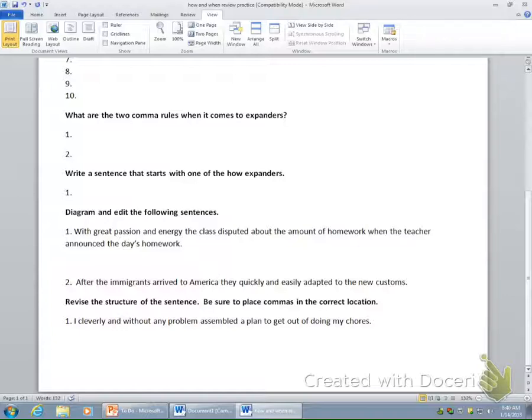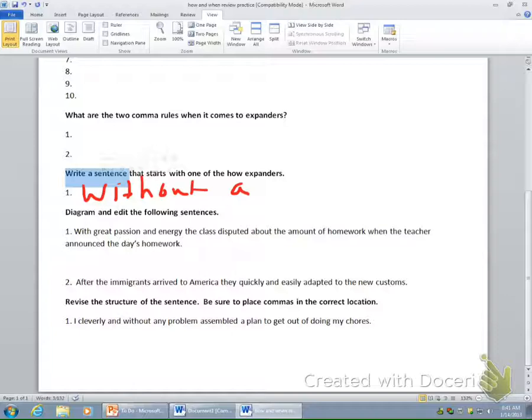Write a sentence that starts with one of the how expanders. So I could say, go ahead. Hand up right here. Okay. Without assuring my friend Mike, comma, he was terrified to scale the mountain. Without assuring him he was afraid.